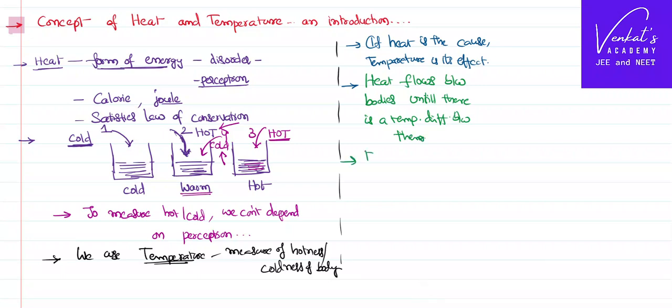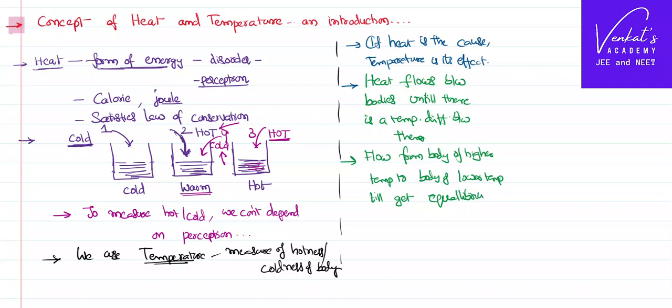Heat flows from a body of higher temperature to a body of lower temperature till they get thermal equilibrium. Thermal equilibrium means both of them are at the same temperature.